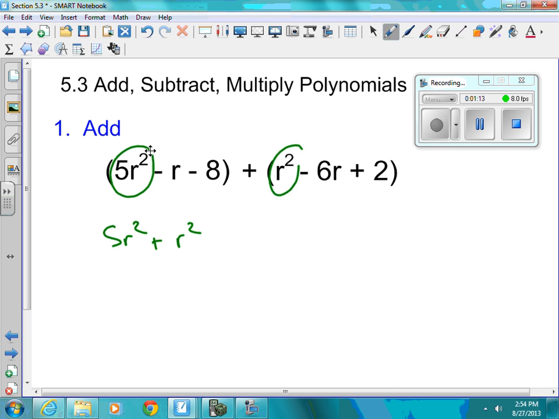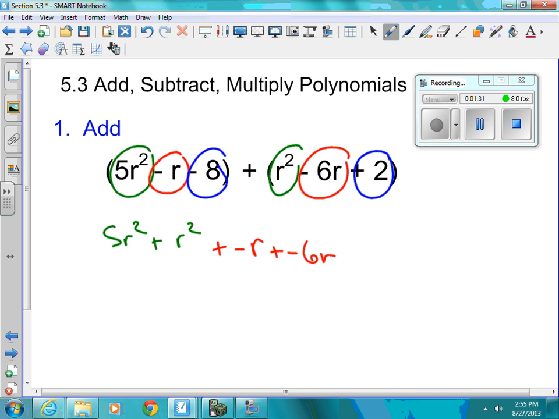Another pair of like terms is negative r and negative 6r, so I can add negative 1r plus a negative 6r together. And we have one more pair. These are constant terms, polynomials, remember that. Negative 8, so plus a negative 8 plus 2.